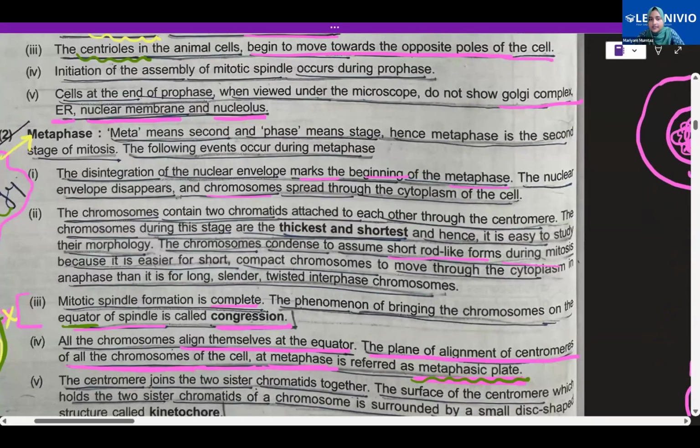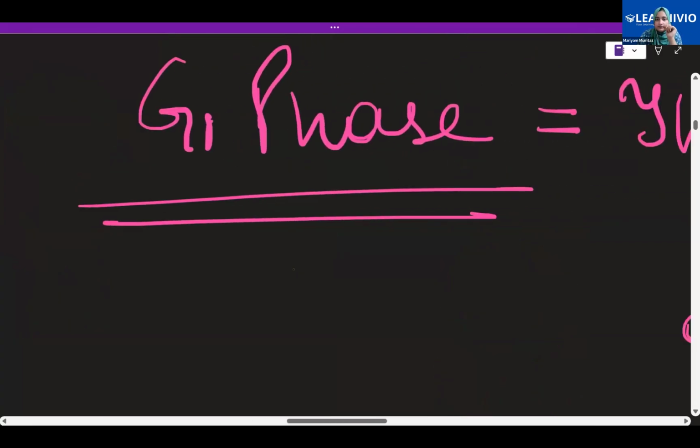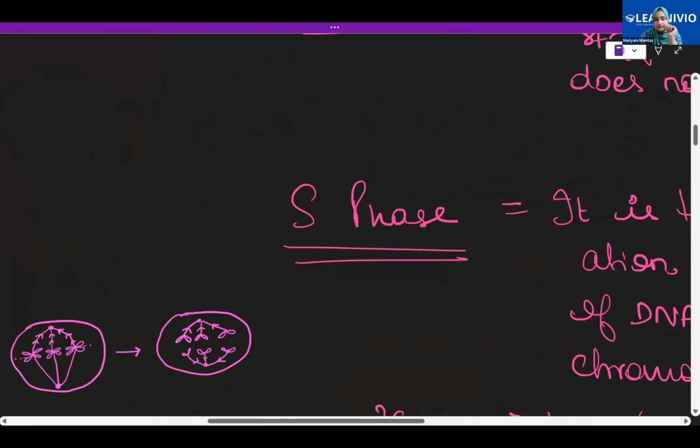Here, as soon as the nuclear envelope gets disintegrated or dissolved, the metaphase begins. However many chromosomes were there in the nucleus, now they'll come and line up at the equatorial plane.